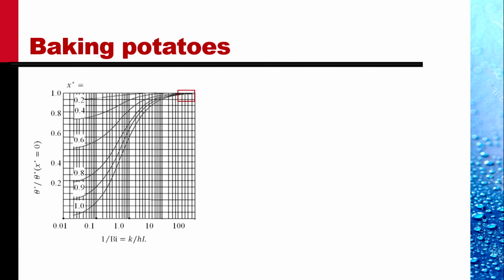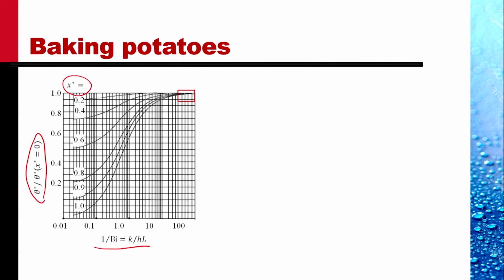We had earlier discussed that we could find the temperature at any other point by using what are called the position correction chart, which gives you the non-dimensional temperature difference divided by the non-dimensional temperature difference at the center line, the ratio, as a function of 1 over Biot number with the location as a parameter.